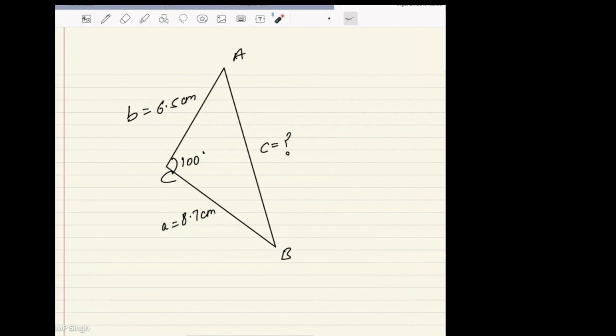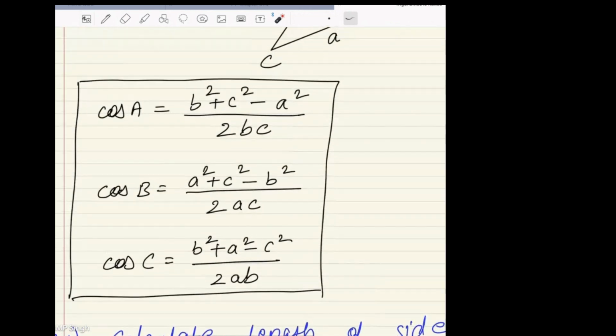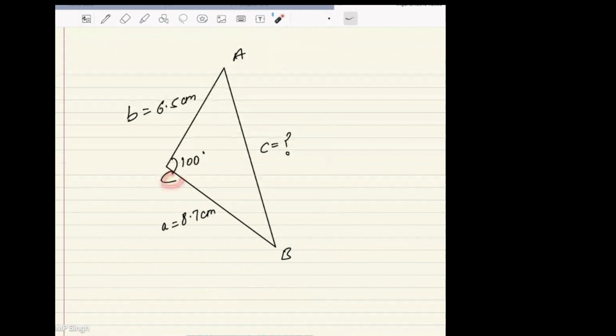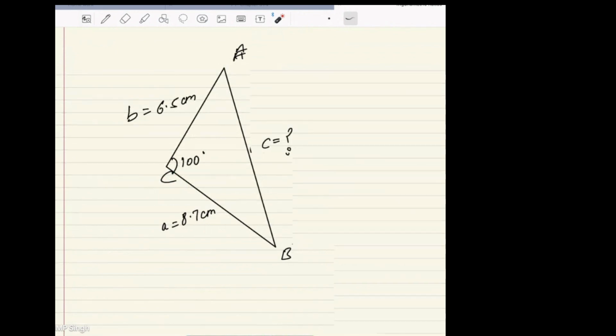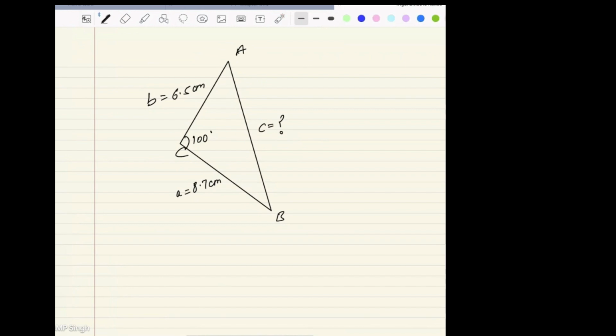The one that says cos 100, with the big C. Correct, with the big C. So you will use C. We will talk in terms of A, B, C, and then we will substitute the formula. So can you tell me what is the formula for cos C?